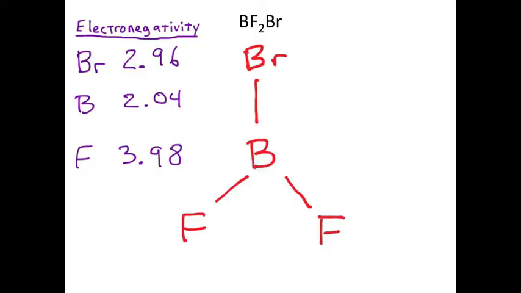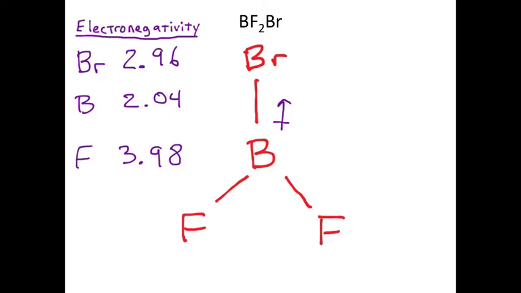Yeah. So to put this on paper, the electronegativity value of boron is 2, and bromine is about 3, 2.96. So that means this is a polar bond that points towards the bromine. Positive end of this is on boron, so it has a lower electronegativity.